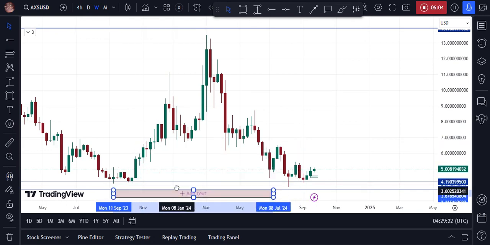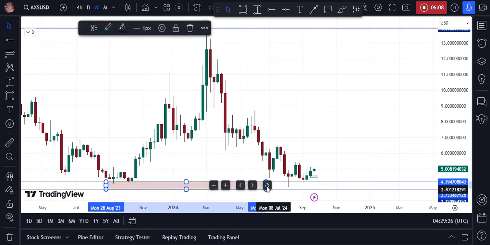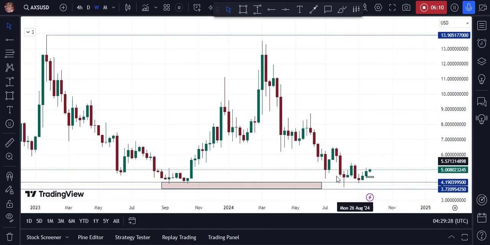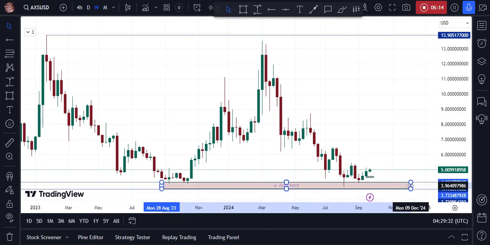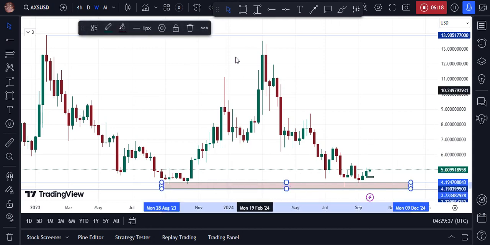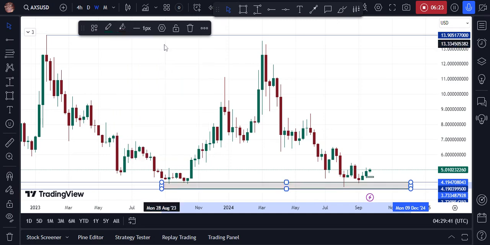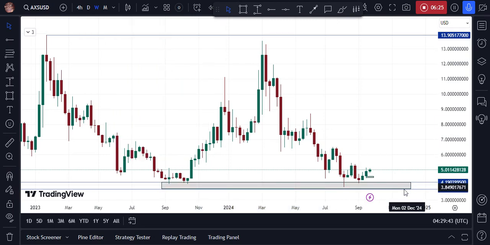Sorry, I couldn't get that from the left, so that's why I'm coming here. Drawing this out, I'm sure you can see this. Sorry, let me color it. So this is the demand zone.